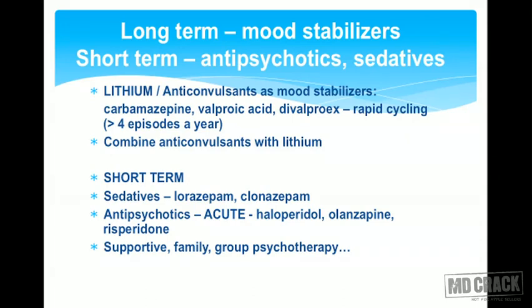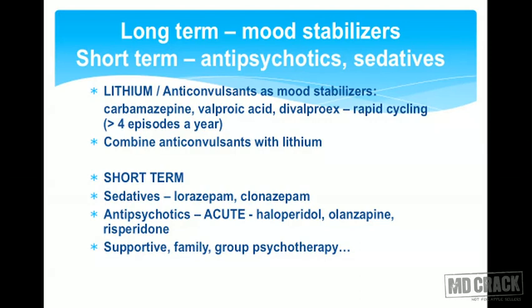Management of bipolar disorder: for long term you need mood stabilizers, and for short term treatment you might need antipsychotic drugs because the patient has psychotic symptoms, and the patient is hyperactive and agitated, so you might need sedative drugs.